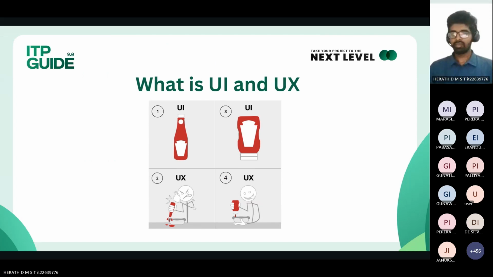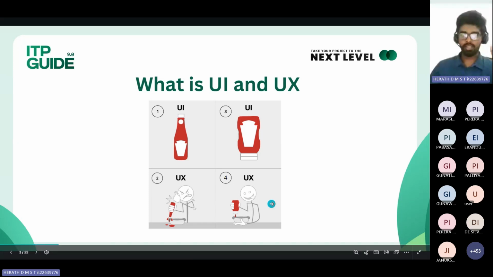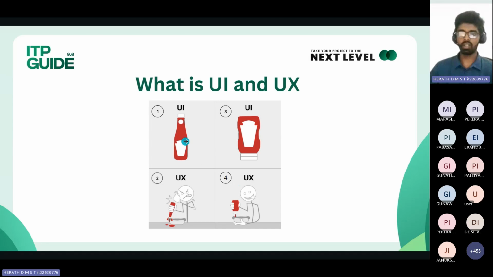In here, I'm going to discuss what is UI and UX. So what is UI? UI is the things that are seen, and the UX is how we experience things. In this image, you can see there is a sauce bottle in image number 1.